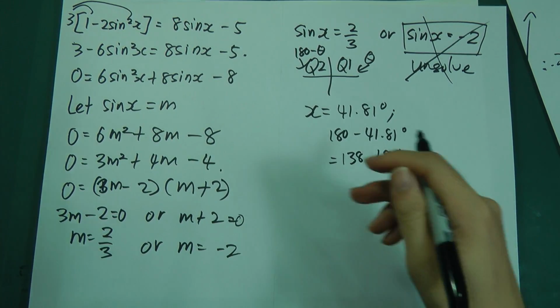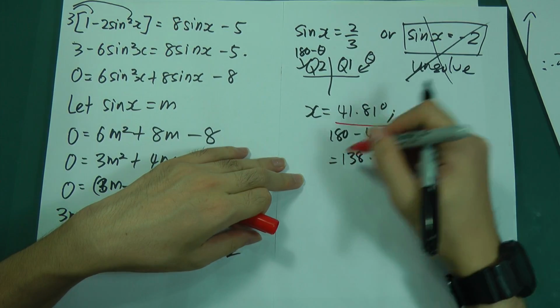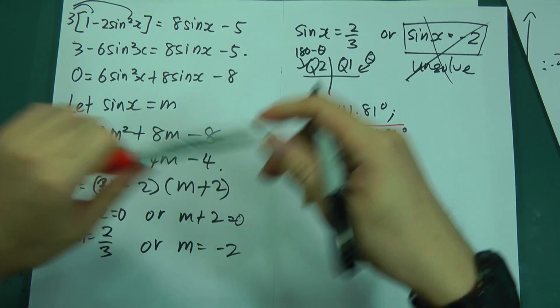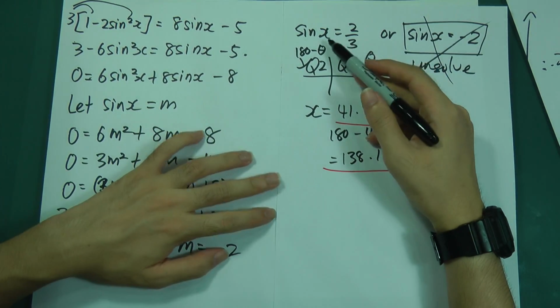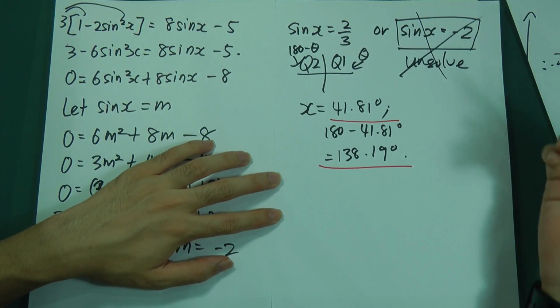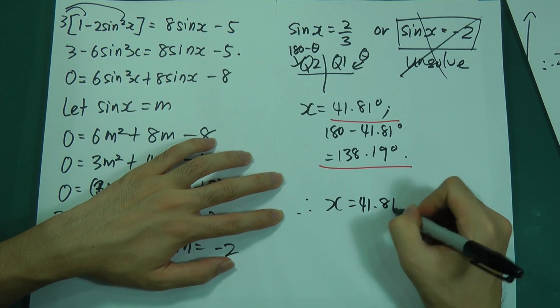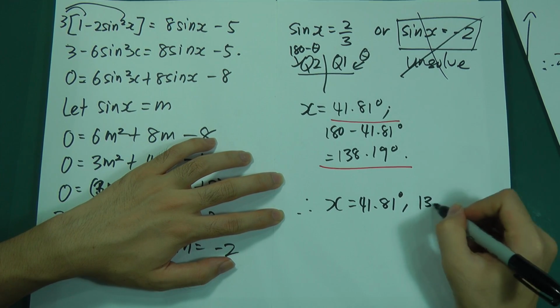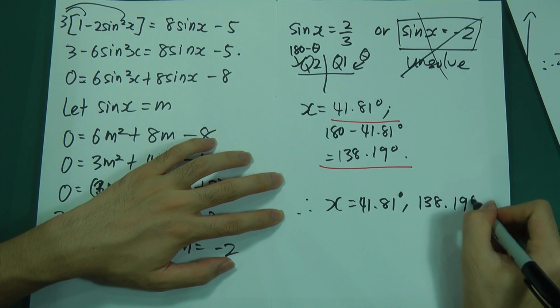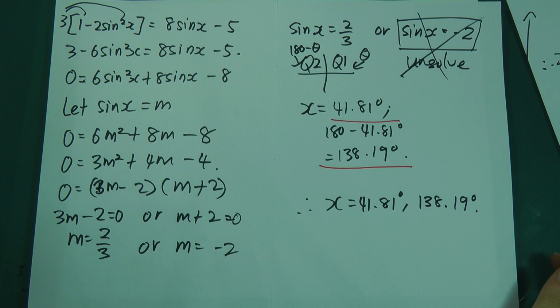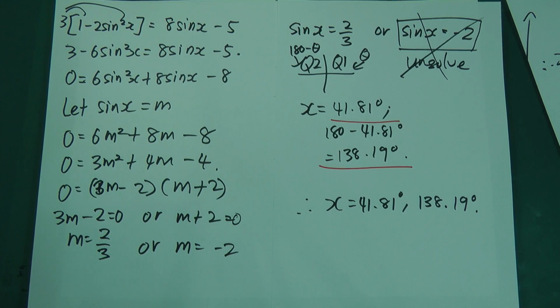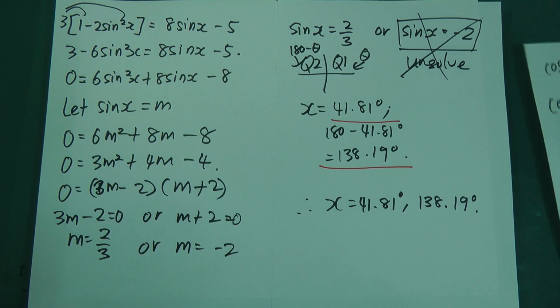So in this question you only get 2 answers, because you do not have an answer for sine x equal to a negative value, since negative 2 is unsolvable. Therefore x will equal 41.81 and 138.19. That's all. It's not really hard, but you need to understand the 4 different quadrants and how to calculate the value for the second, third, or fourth quadrant.